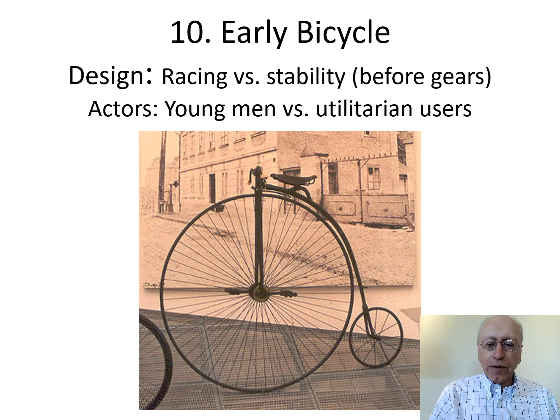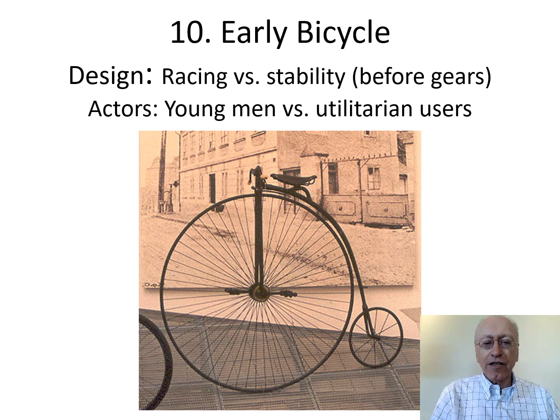Those two scholars, Pinch and Bijker, apply their theory in great detail to the early bicycle. There were two early designs. There was a racing design, which you can see from the picture, and a design that aimed at stability.